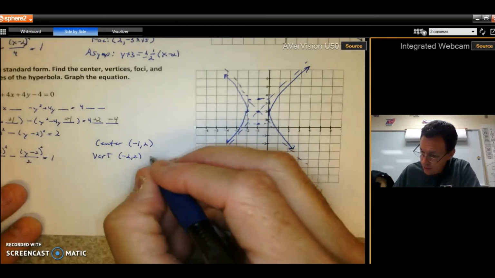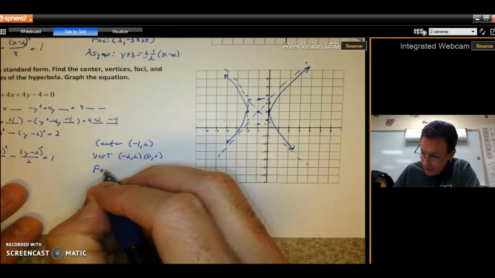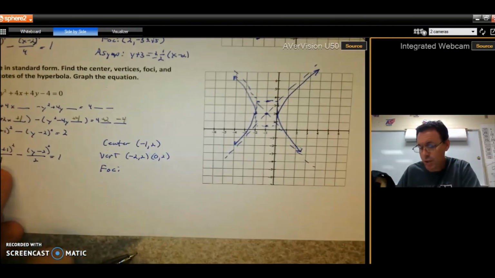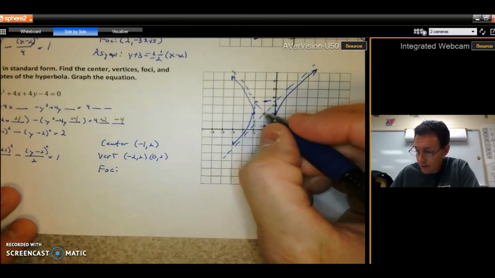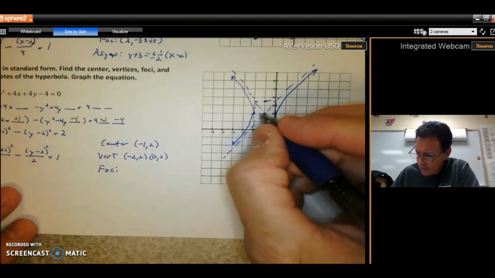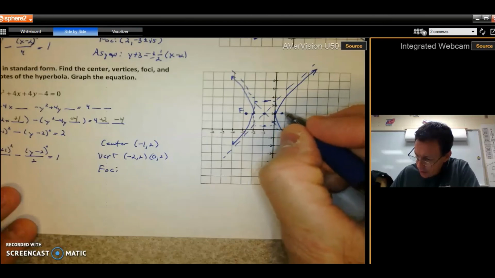And it looks like 0, 2. I need to find my foci, which again are going to be the square root of 1 plus 2, so radical 3. So that's how much I'm going to move. And again, I'm going to move left to right. So radical 3 is, I don't know, 1.7, 1.8, somewhere in there. So it's going to be a little bit over here, a little bit over here.